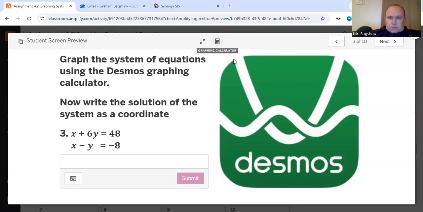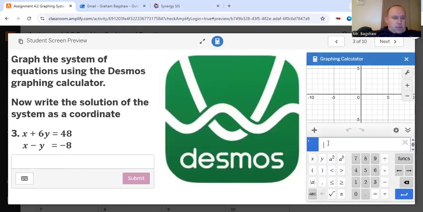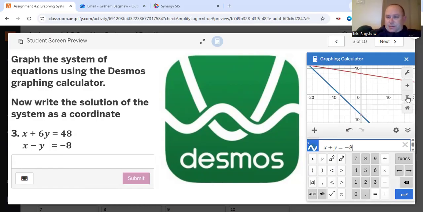So, whoops, I'm going to put my calculator. There we go. So this time, x plus 6y equals 48. And I'm going to do a slightly different question. I'm going to do x plus y equals -8. Now, right now, I don't see everything on here, so I might need to zoom out a little bit.